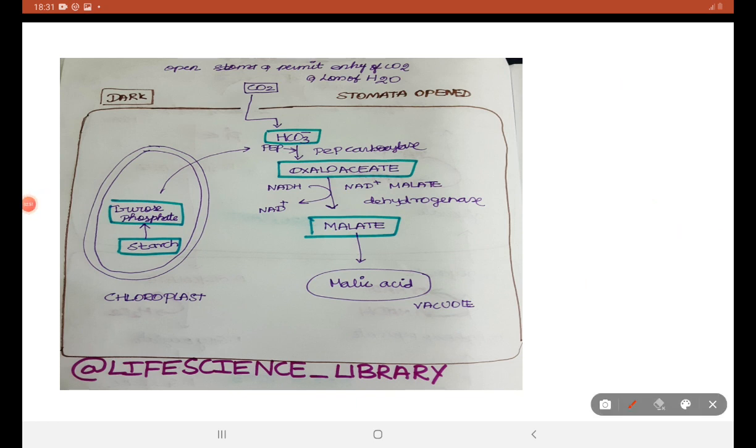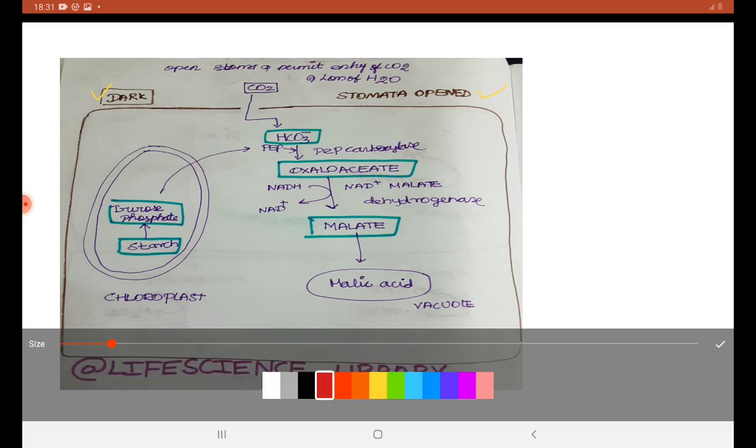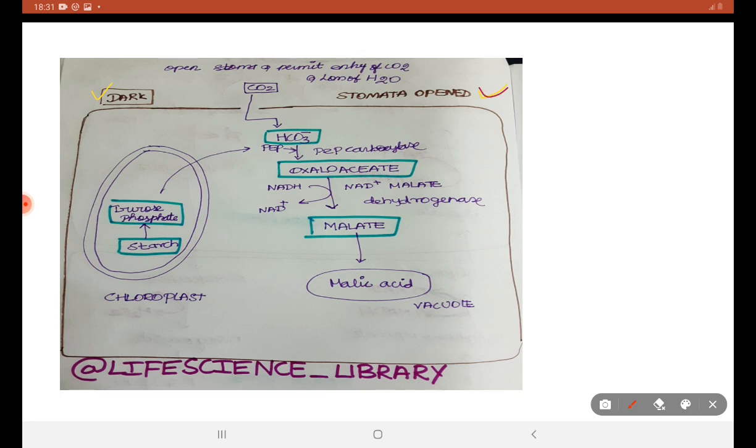First case, we are going to see what will happen during dark time. During dark, stomata is open. So what will happen? The open stomata permits the entry of carbon dioxide, and it also leads to loss of water.